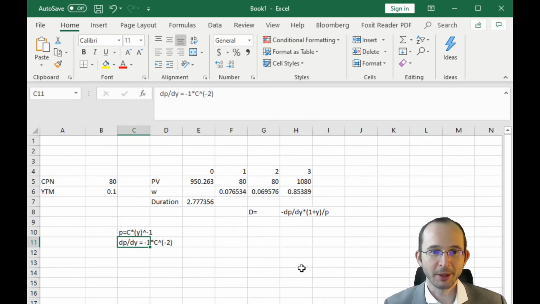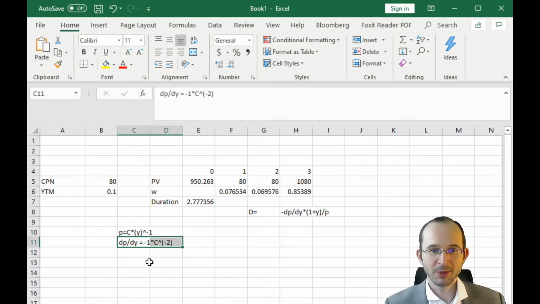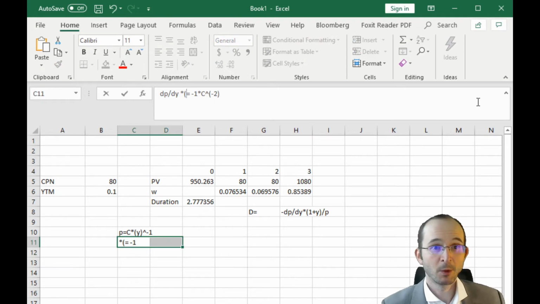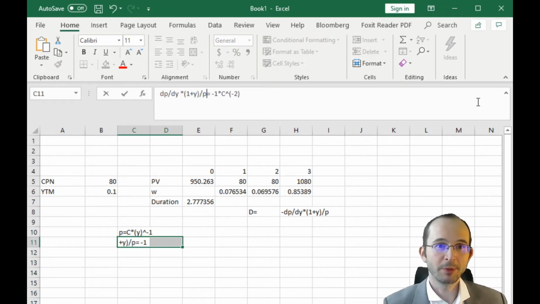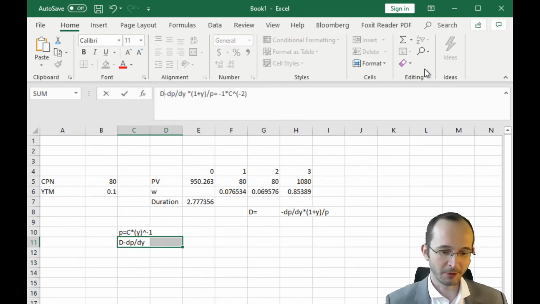Or actually I guess negative (1 plus y) over P. So let's do that. If we multiply both sides of this equation by negative (1 plus y) over P, the left-hand side of the equation is going to be duration, right?